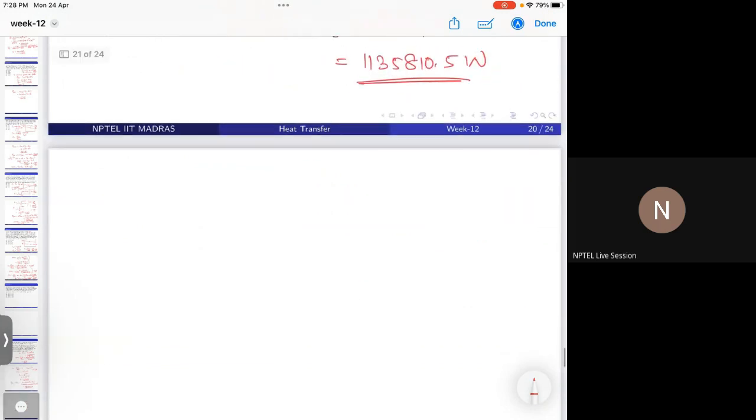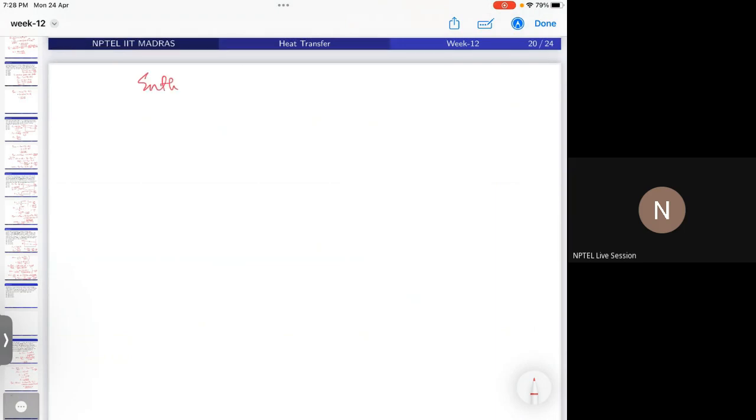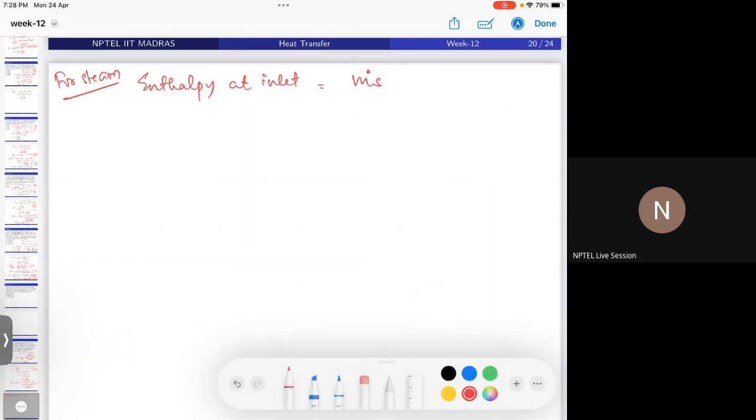Now we have to do the enthalpy change for steam. So the enthalpy at inlet for steam is equal to m dot h_g. Okay, it is saturated steam, right? So it is the vapor enthalpy.